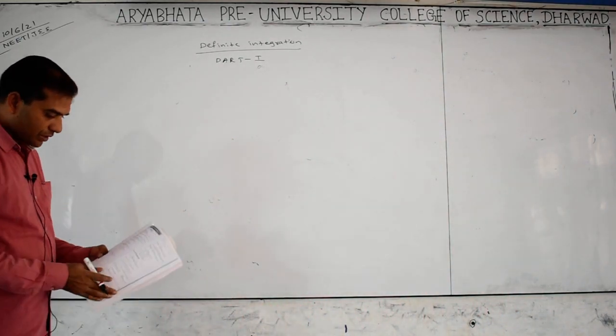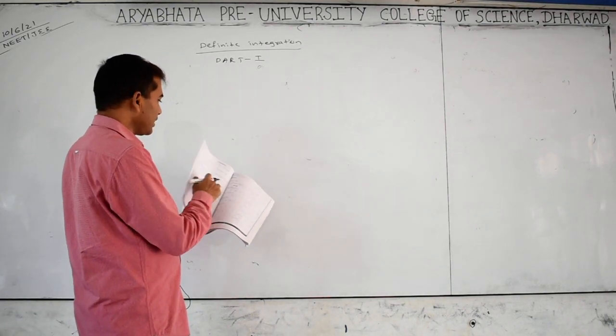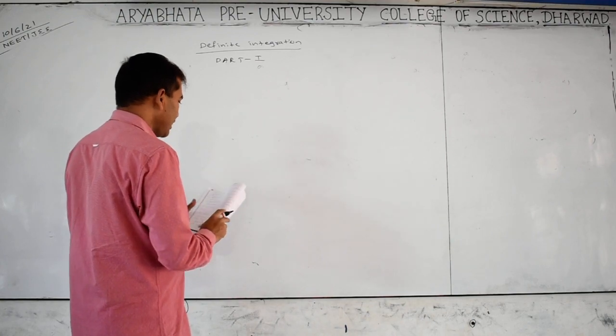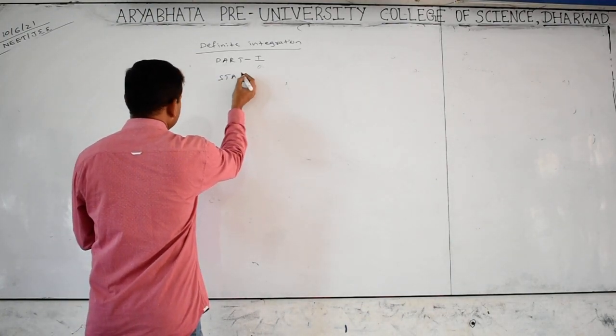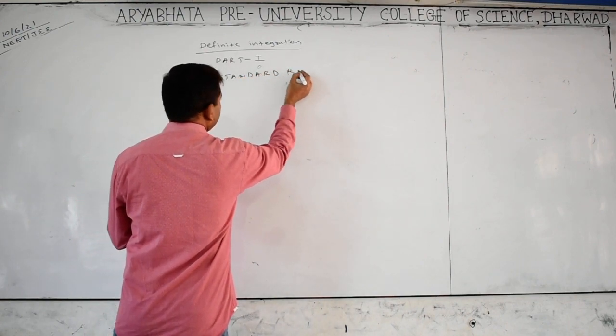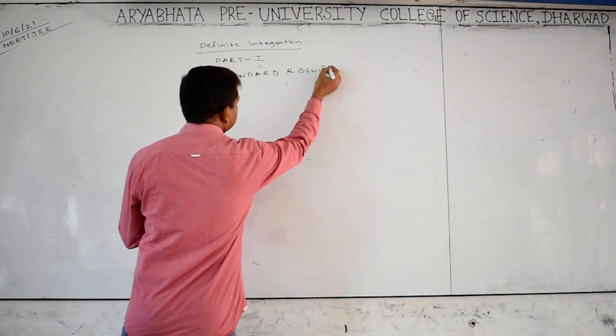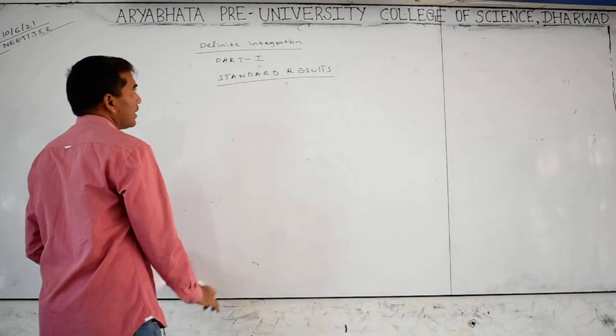The standard results are in the material, you can check them. I am going to discuss just a few here, because in CET, from the standard results, every year one question is compulsory.